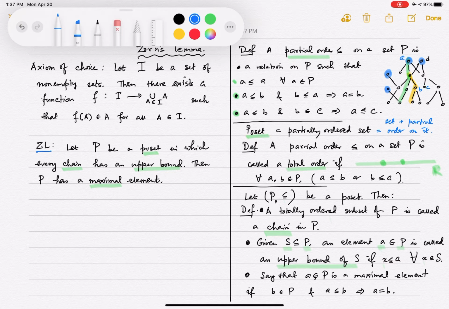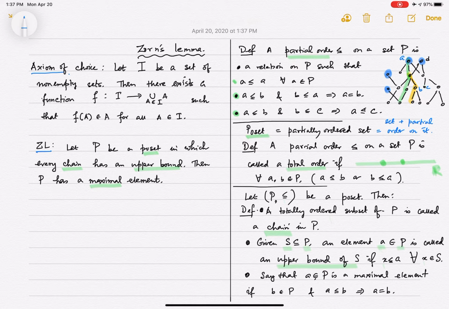This one states, if you give me any set of sets, there is a choice function on it. Meaning, if you have any set I of non-empty sets, then there exists a function from that set to the union of all the elements of this set such that f of a set belongs to that set for every set in I.